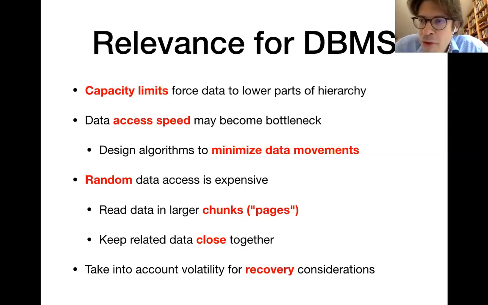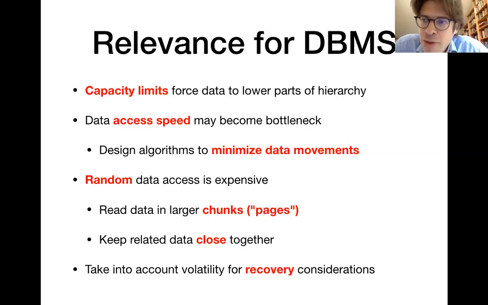And one topic that we will discuss much more in later lectures of this course is the topic of volatility. Once your database processes updates, as long as those updates are only written in main memory, they could get lost if your server suddenly loses power, for instance.